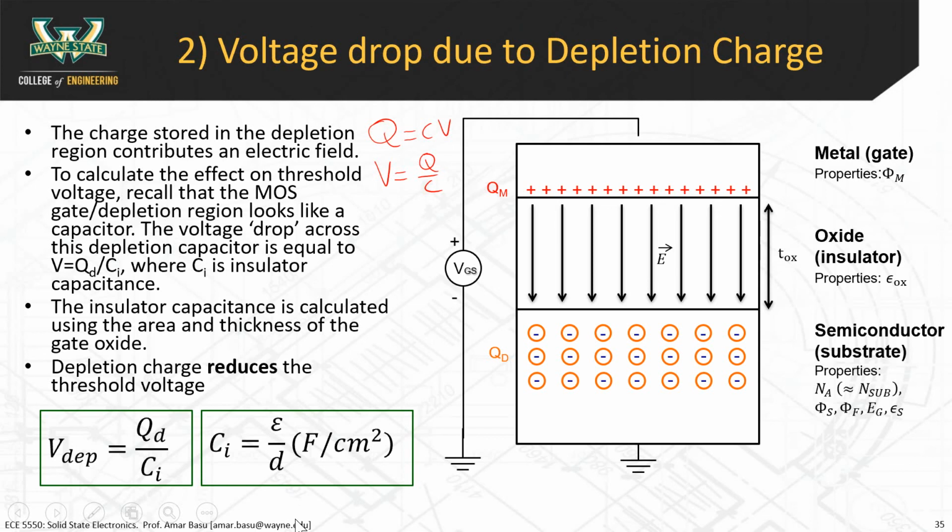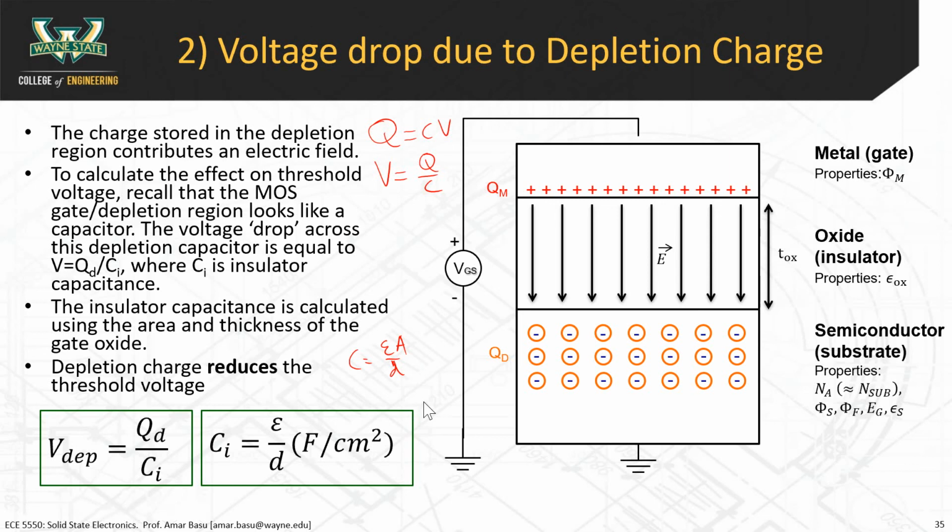If you've taken courses before, you know that the capacitance for a parallel plate capacitor is equal to epsilon A over D. But we want to do some of these things in a form that doesn't require us to also know the area of the MOSFET, because the area could change depending on what the designer does.